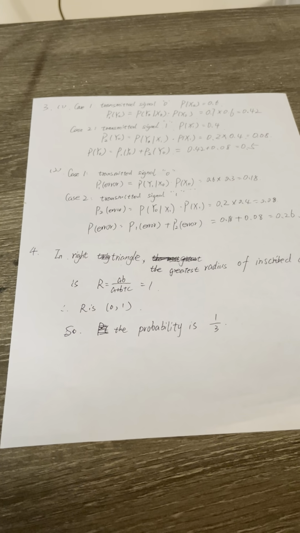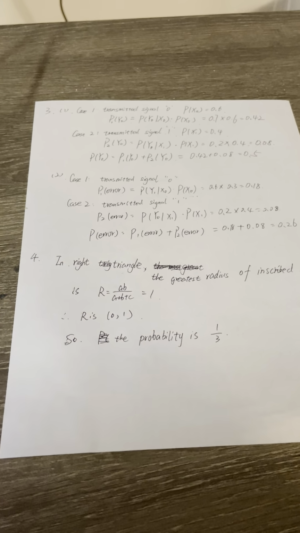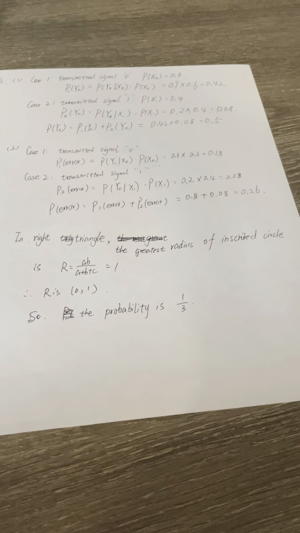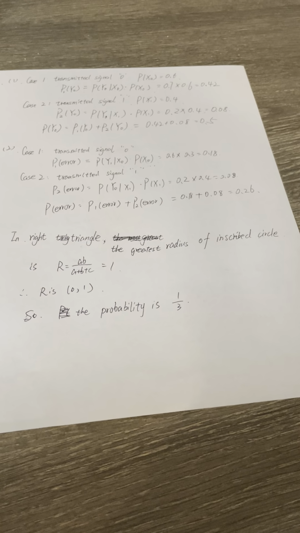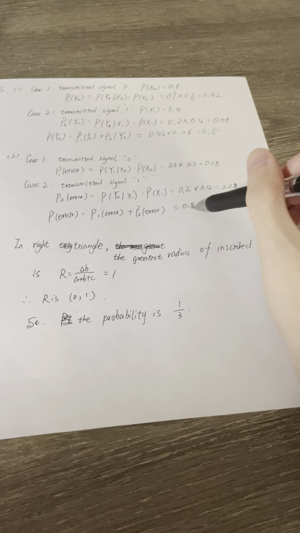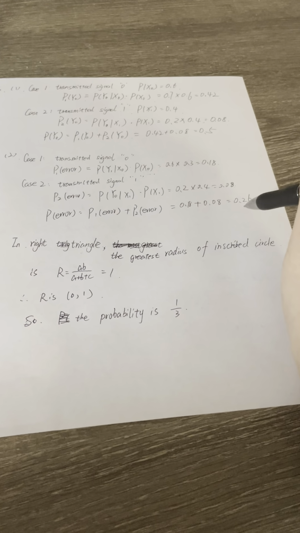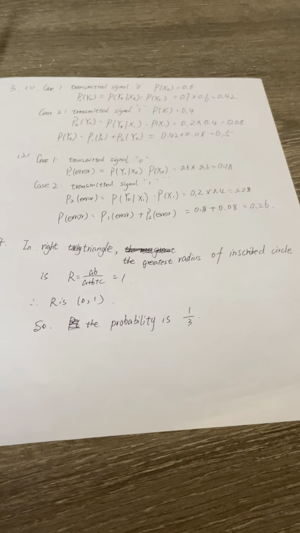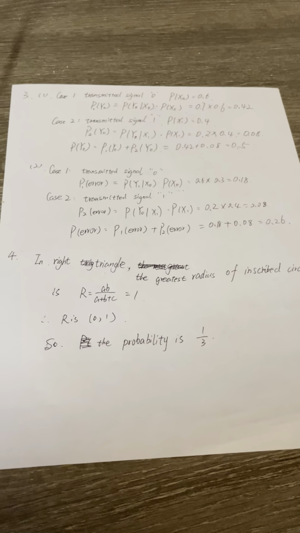Finally, we combine the two cases. The probability of error is the probability of case 1 error plus the probability of case 2 error. So the result is 0.26. So this is the result.